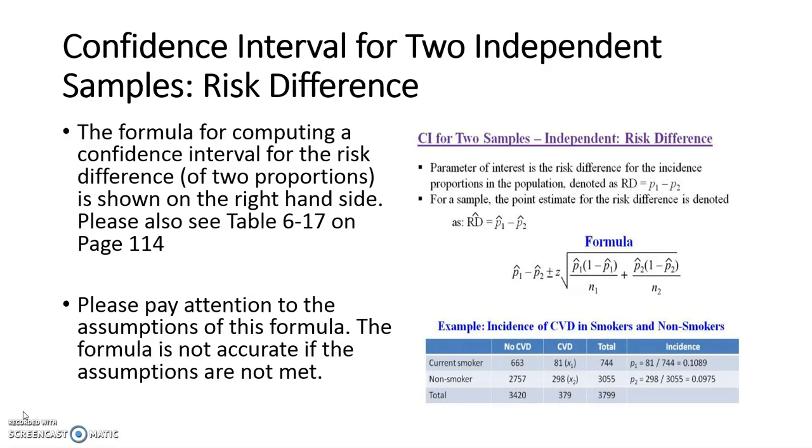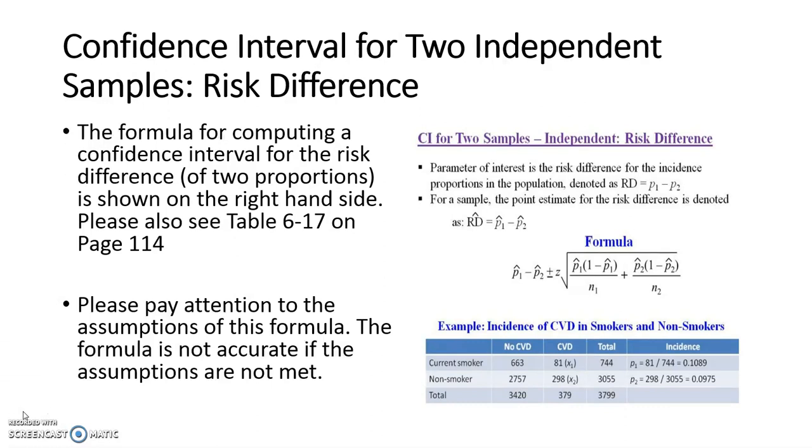And you can see the percentile Z, that's from the standard normal distribution. So this is actually a Z interval, which means we are using an approximation of a normal distribution to the dichotomous variable distributions.